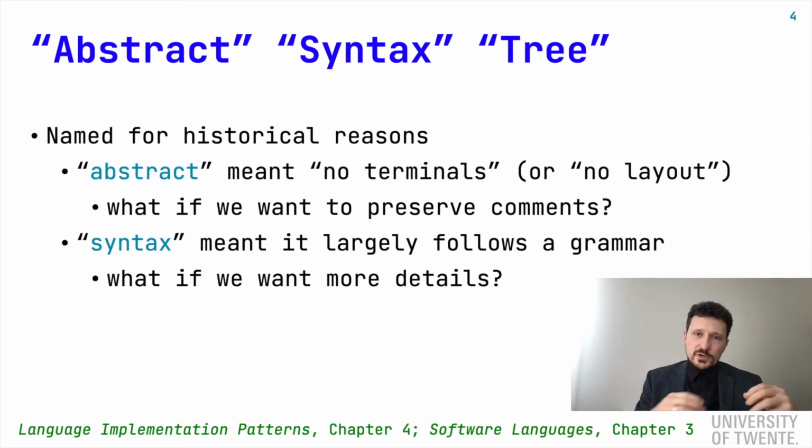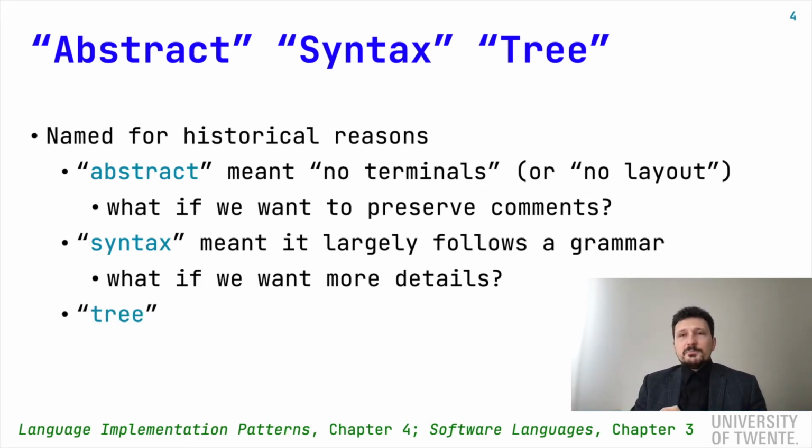So you've written a visitor or a listener to look into that tree and then to construct the tree that you want. And that tree, well, it doesn't really have to have any relation to actual syntax of the language. That's just your intermediate representation. So if you want more details, if you want different positioning of data and different separation of concerns, it still is okay to call it an abstract syntax tree. But of course, the syntax part will have no real meaning.